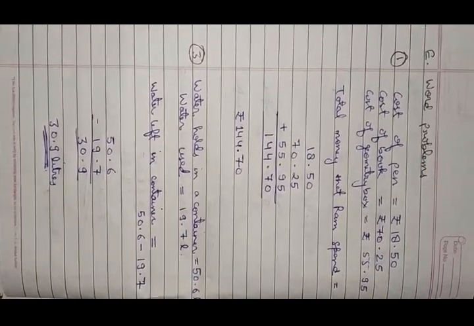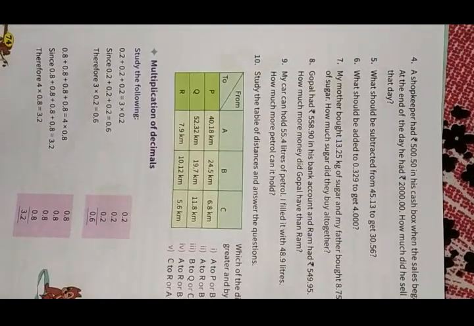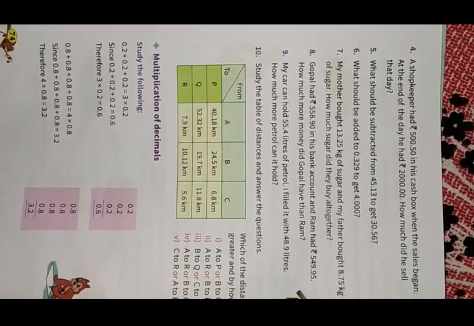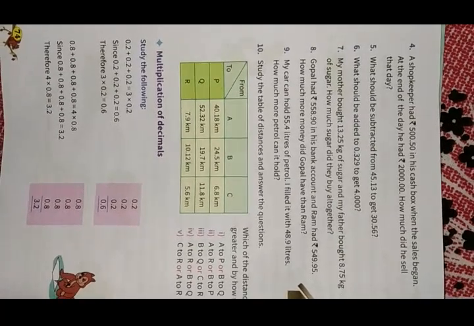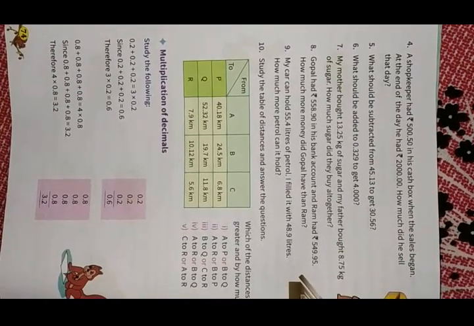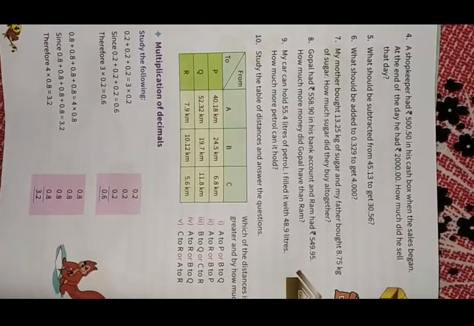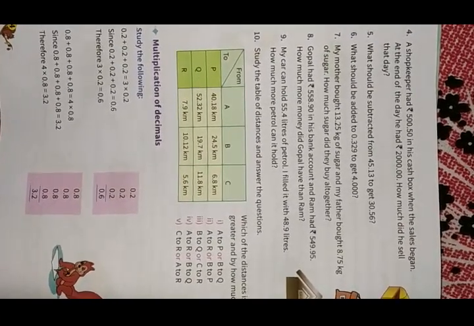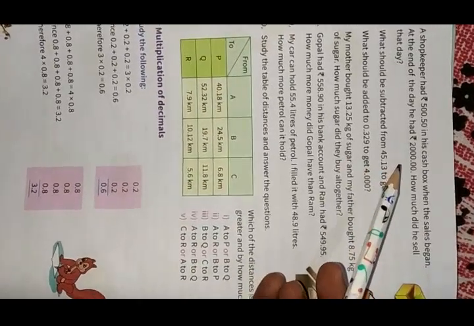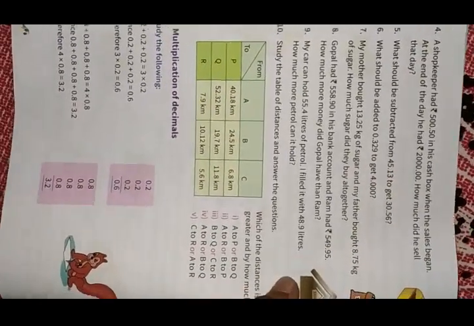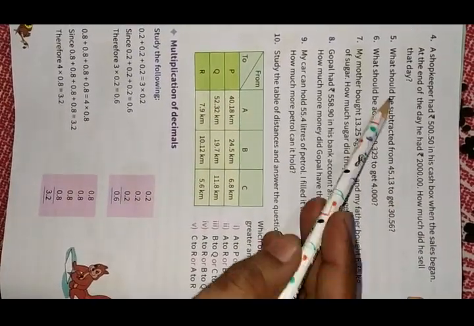Question number 4: a shopkeeper had 500.50 rupees in his cash box when the sales began. At the end of the day, he had 2000 rupees. How much did he sell that day? We have to find the sale of that day.